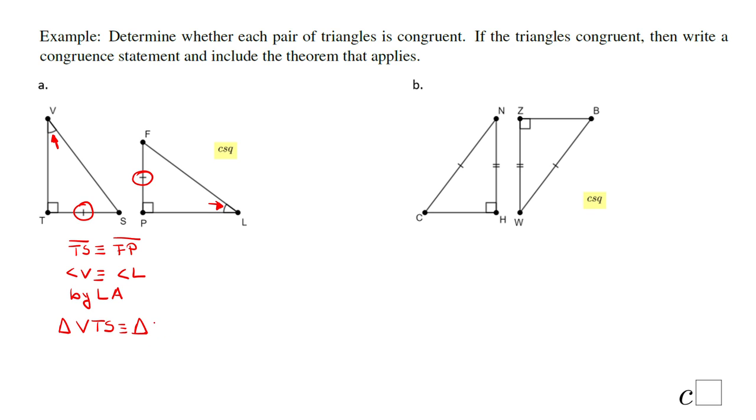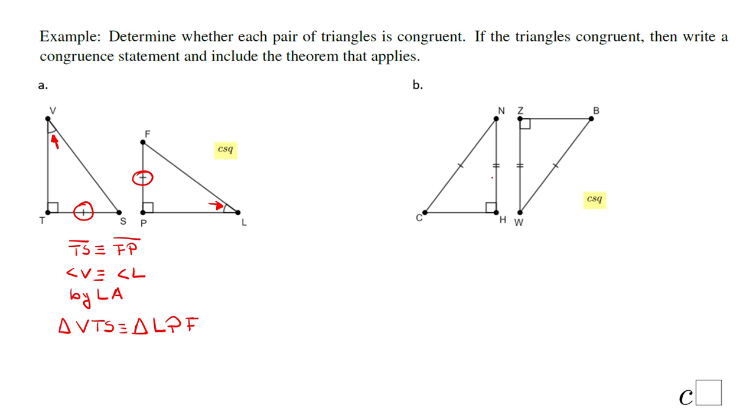Corresponding letter for V is L, then for T it's P, and for S obviously is the last one, F. So triangle VTS congruent with triangle LPF.